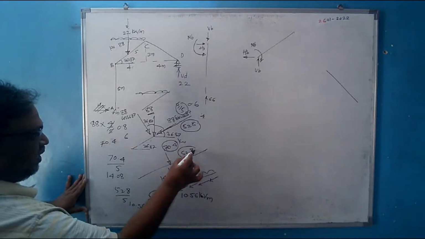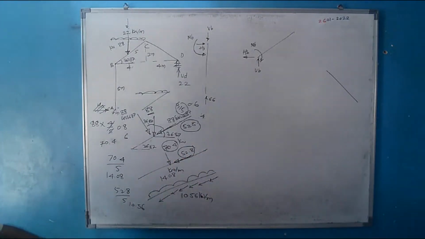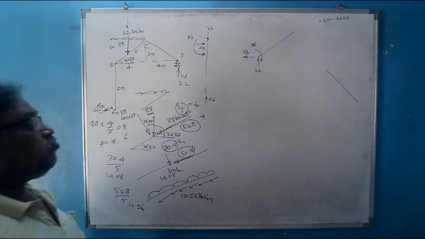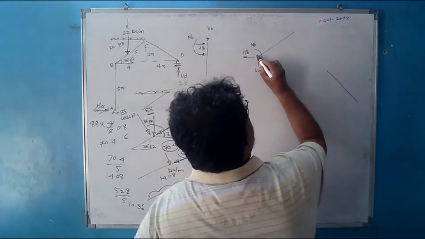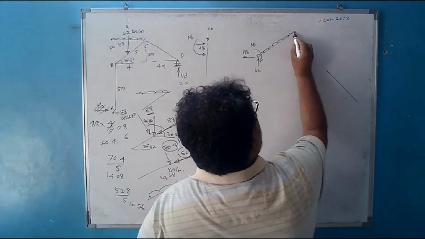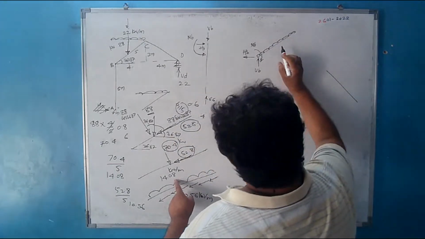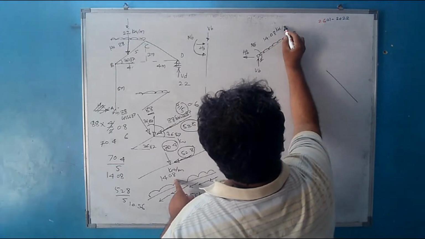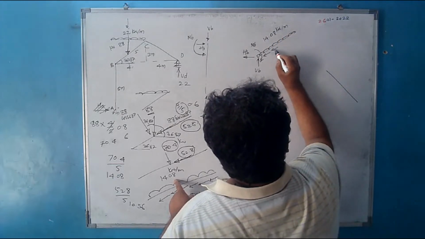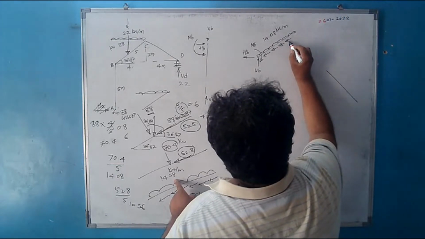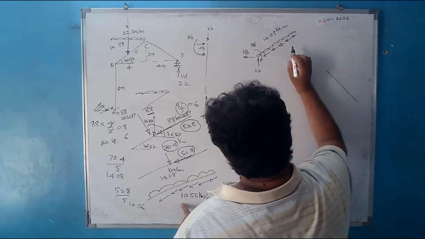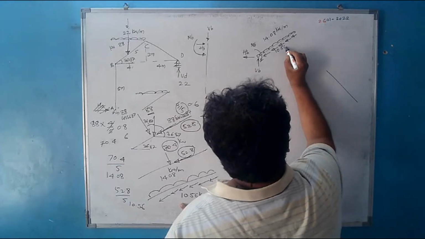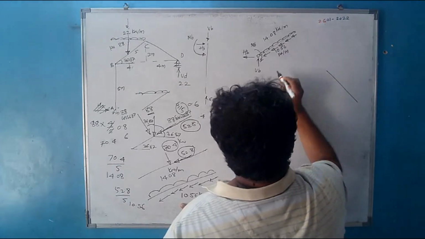So there is a UDL here acting perpendicular to this member of intensity 14.08 kilonewton per meter, and there is an axial force here acting throughout down of intensity 10.56 kilonewton per meter.